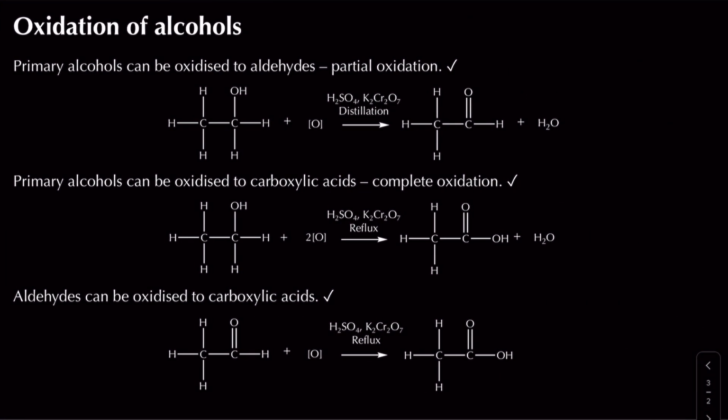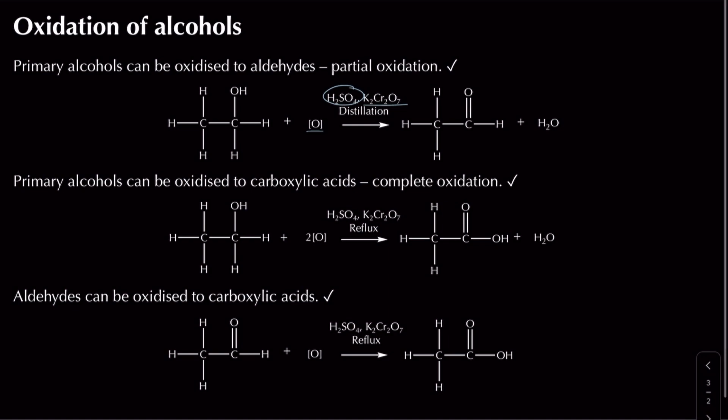So moving on then, if we were to look at how we can form these carbonyl compounds, you need to think back to year 1 where we looked at the oxidation of our primary and secondary alcohols. In all cases, we're going to use sulfuric acid as our catalyst, and then potassium dichromate is going to be our oxidizing agent, which we represent with an O in square brackets.